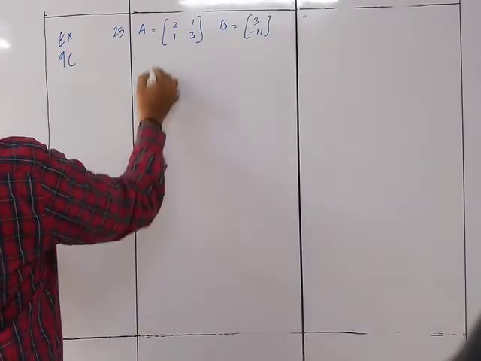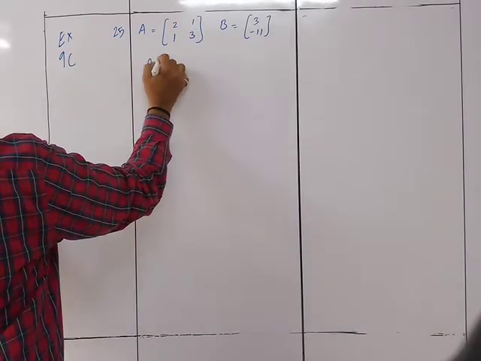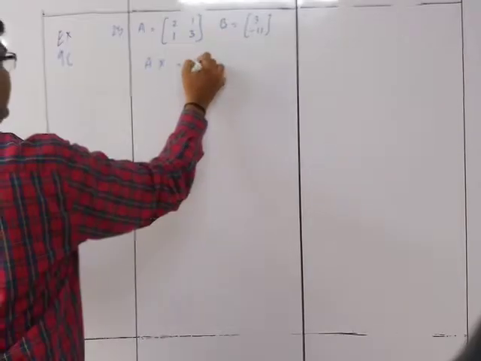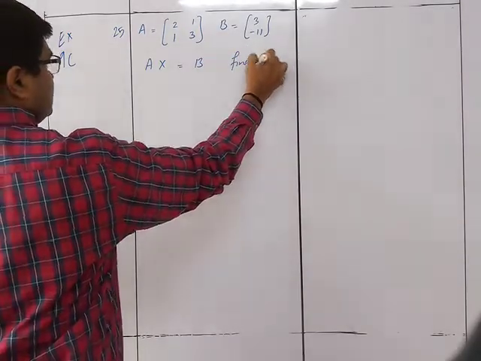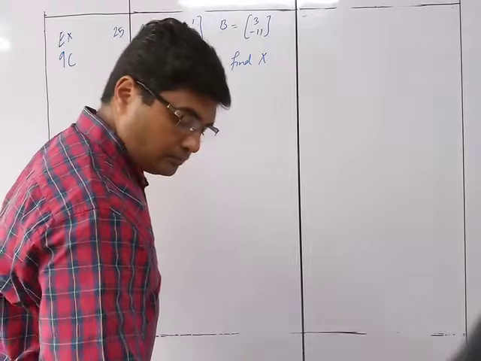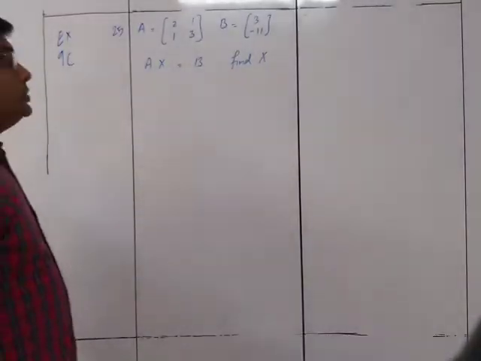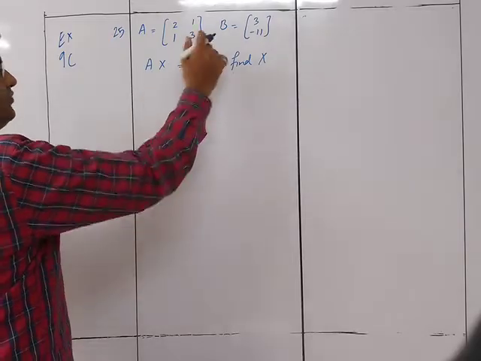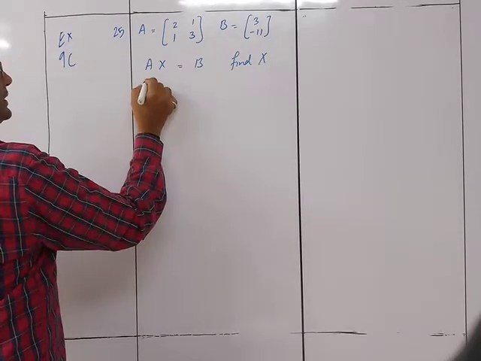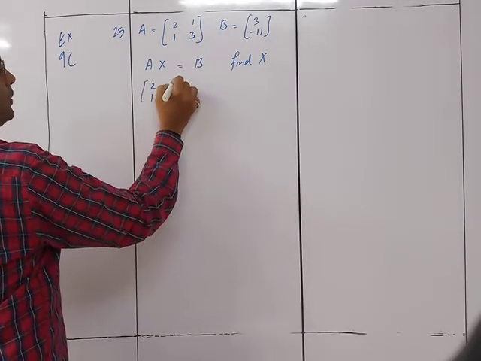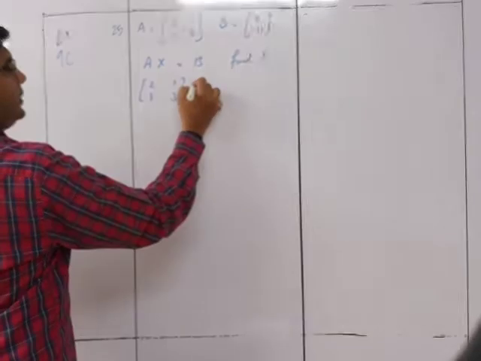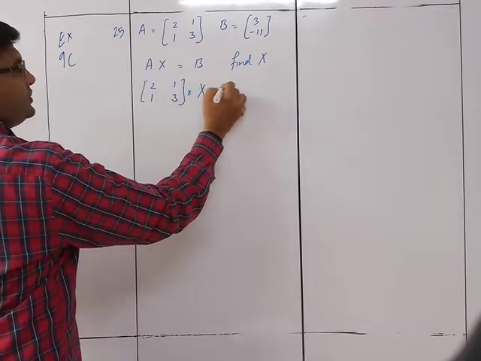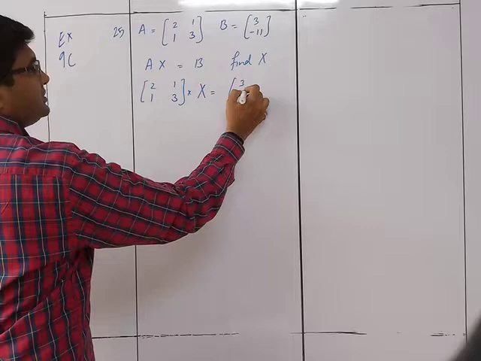You have to find X such that A into X is equal to B. Got it? This is the one in which we do not know the order of X, so we need to find it out. We know that [2, 1, 1, 3] into X is equal to [3, minus 11].